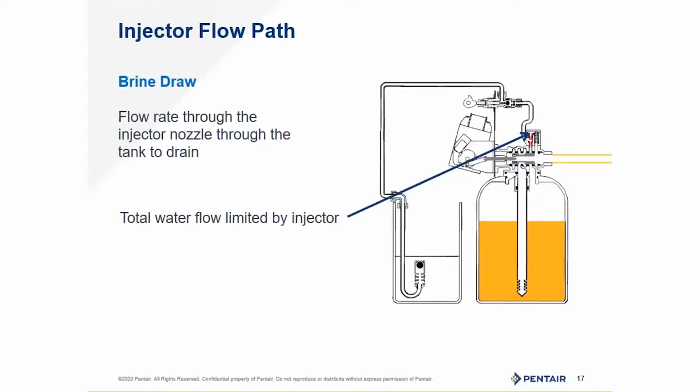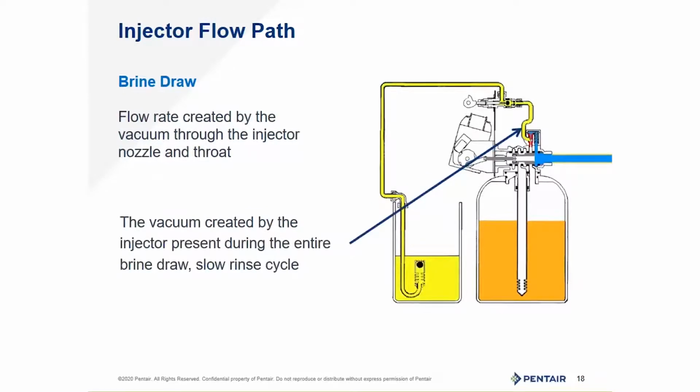So the water is going to come up through the screen, down through the nozzle, pull in brine, down through the tank, up through the distributor pilot tube here, and out to waste. The total flow here is limited by the injector, period. As much water as you can push through that injector during a period of time, that's the flow, period.